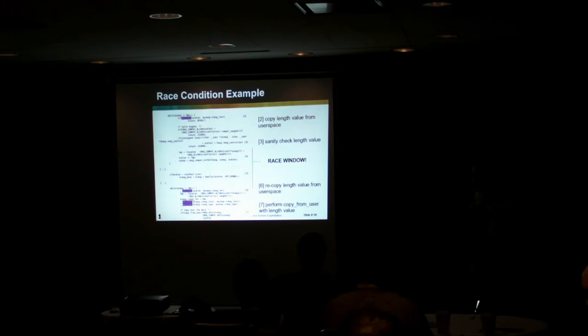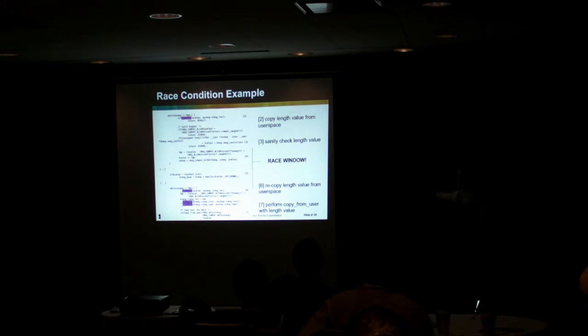This is a very simple example showing that a length value was copied from user space with this get_user function. It went through a sanity check, but then later in that function, they actually recopied the length value from user space without actually doing any validation.